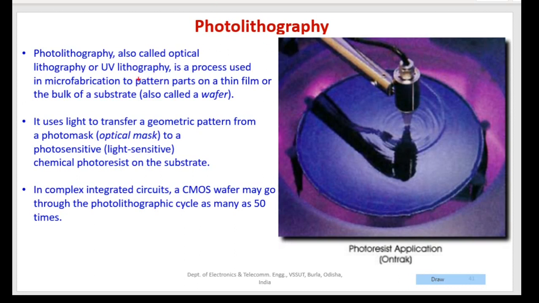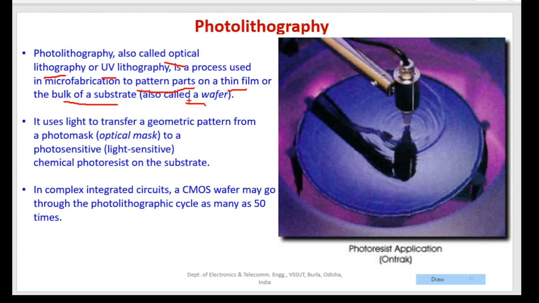Okay, so this photolithography, also called optical lithography or UV lithography, because sometimes ultraviolet rays are also used, is a process used in fabrication to pattern parts on a thin film or the bulk of the substrate. The substrate is basically the wafer.